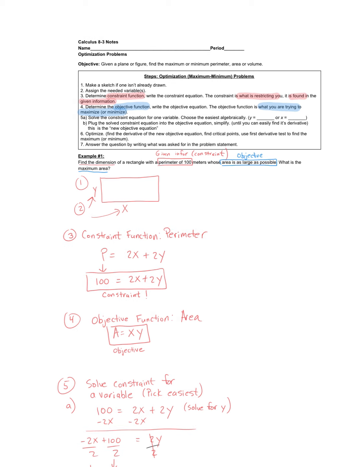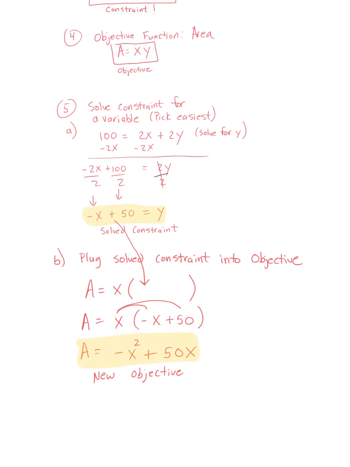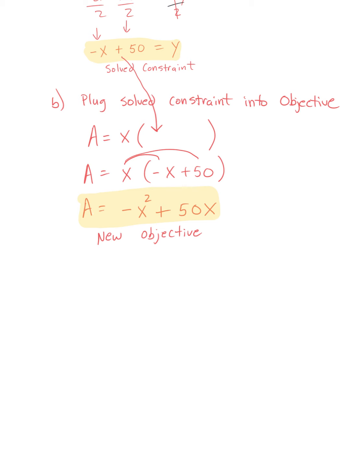So let's go back up here. We are going to optimize. That just means we want to figure out where the max or min is going to be. So in order to find a max or min, just like we did in our previous assignment this week, we are going to do the first derivative test. All right, so step 6, here we go.